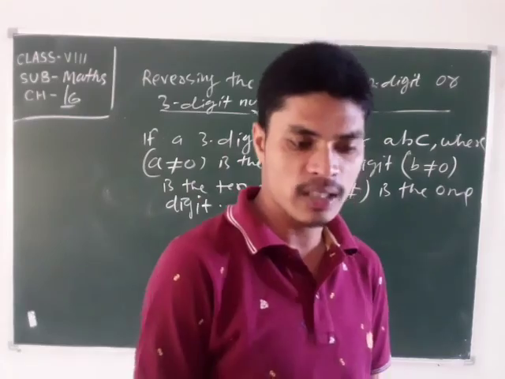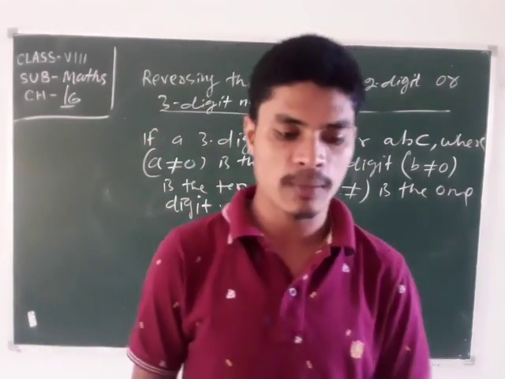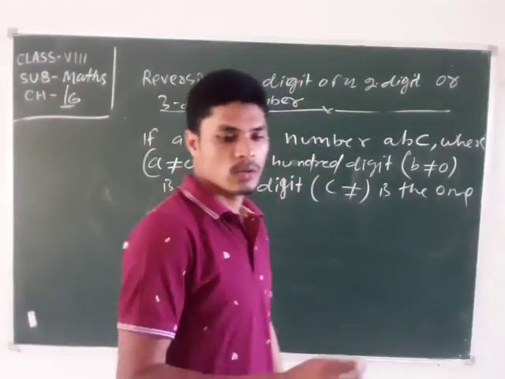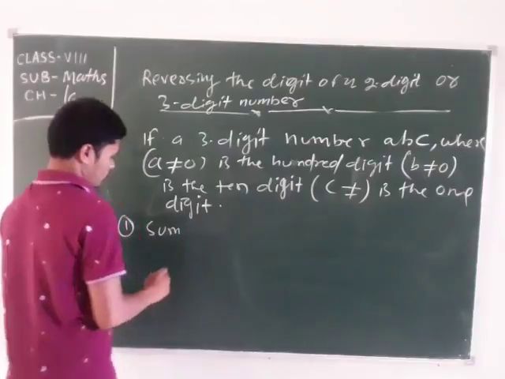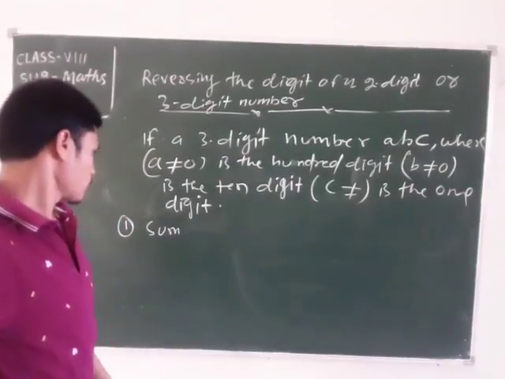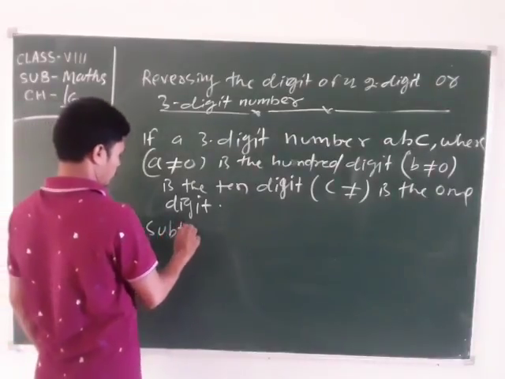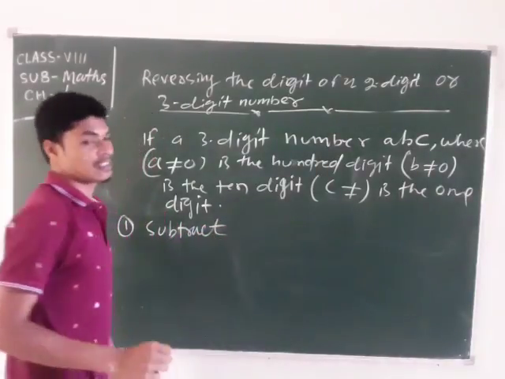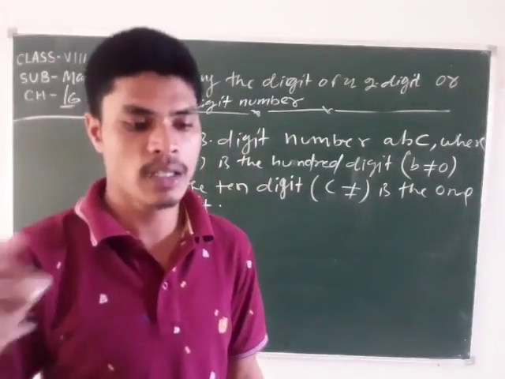First we take the 3-digit numbers and subtract. First we have subtractions, then after subtractions, additions. So let's subtract the smaller. Subtract a 3-digit number ABC.